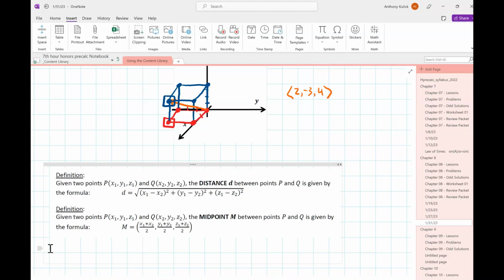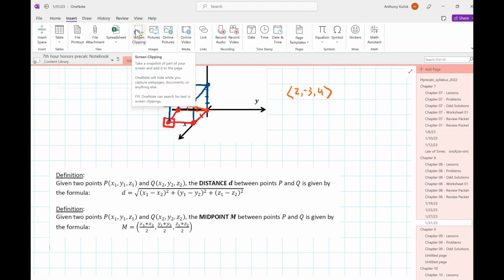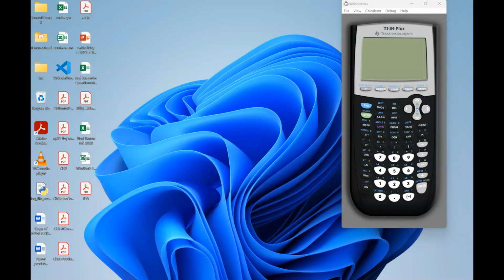So you have the difference in x's squared, the difference in y's squared, and then the difference in z's squared, all square rooted. Same thing with the midpoint. It's the average of the x's, the average of the y's, and then the average of the z's. Whoa! I'm just floored by that. Who's not surprised? That's as obvious as it could get, right? That's what we'd hope would happen.